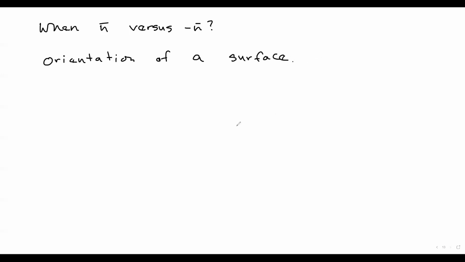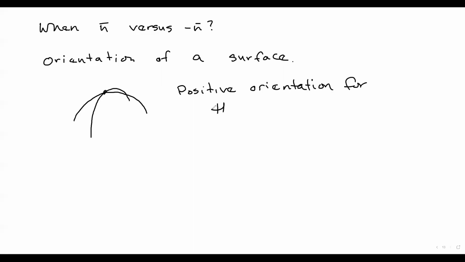What we're going to say is that if a surface has the following shape, it's concave down, it has a maximum, so it has this bend in it, and the bend has a maximum value. In that case, we would say the positive orientation for the surface is upward.